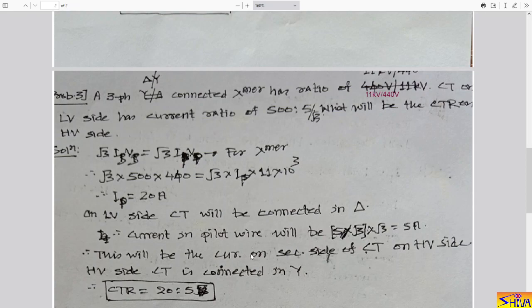So this will be the current on the secondary side of the CT on the HV side. So the HV side CT, connected in star, will have a ratio of 20, that is the primary current, is to 5, that is the current going to the pilot wire. So this is the CT ratio on the primary side of the transformer, that is the high voltage side, and this CT will be connected in star. CT ratio will be 20:5.